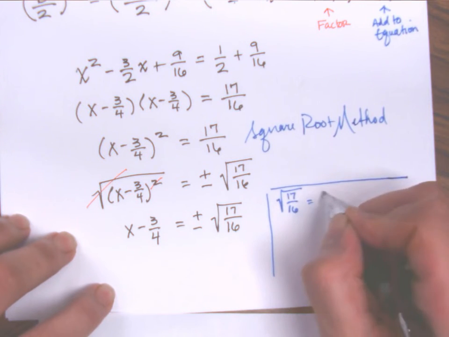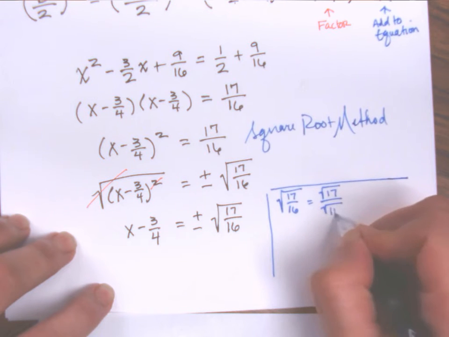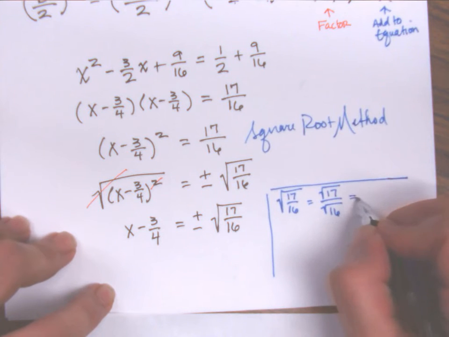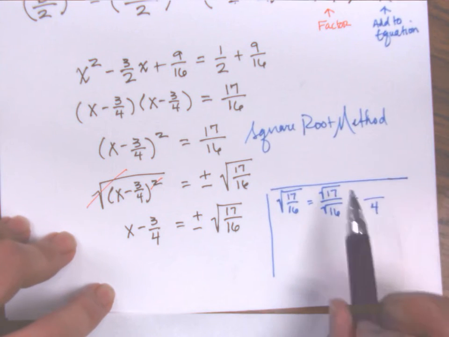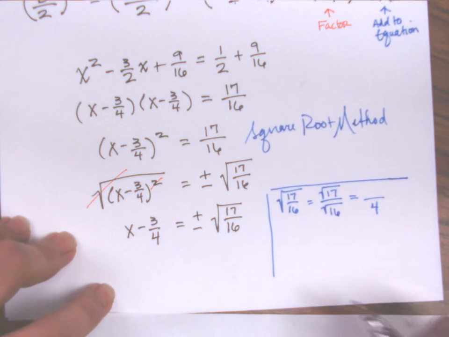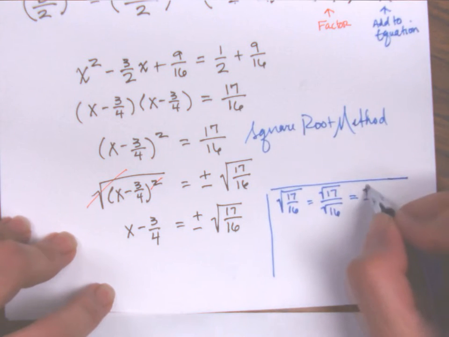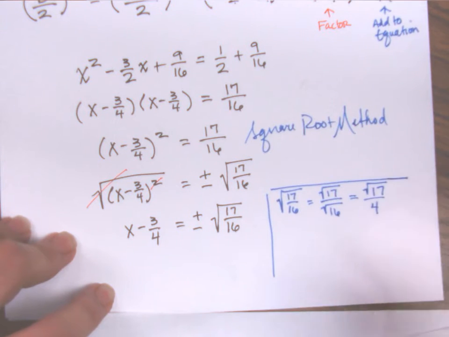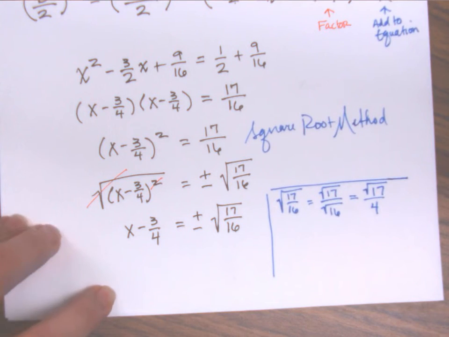Because it's a fraction, I can break up the radical to the numerator and denominator. So the square root of 17 over the square root of 16, and I know the square root of 16 is 4, and the square root of 17 is not something I can simplify. I don't want to change it to a decimal because I'm working with fractions here, so we're going to leave it the square root of 17 over 4.